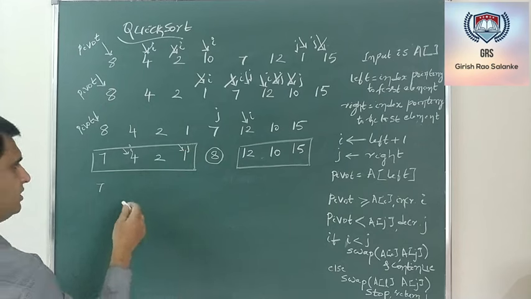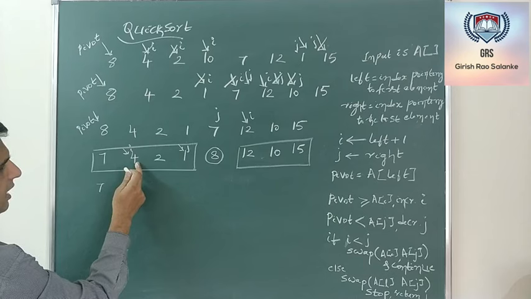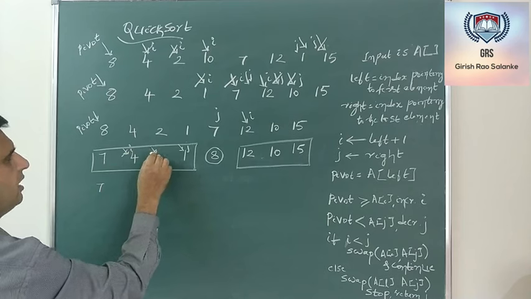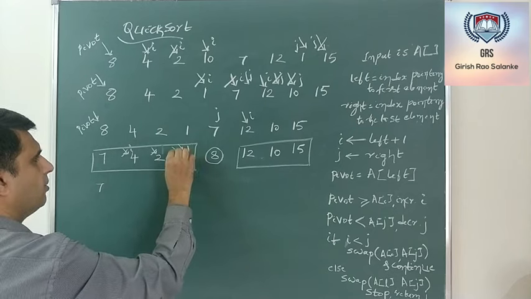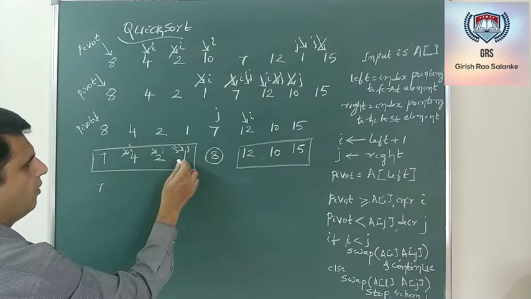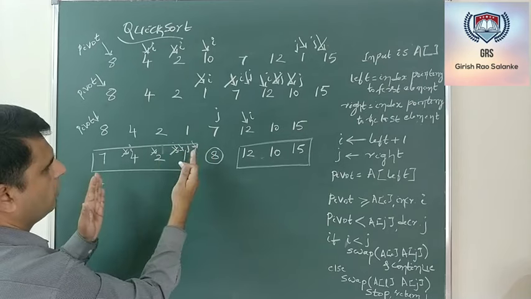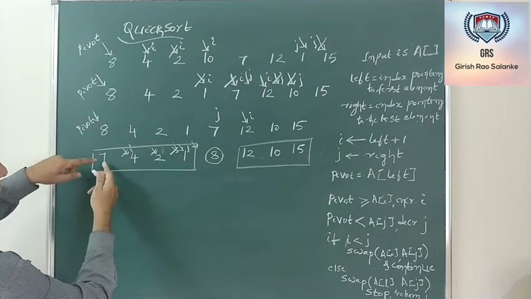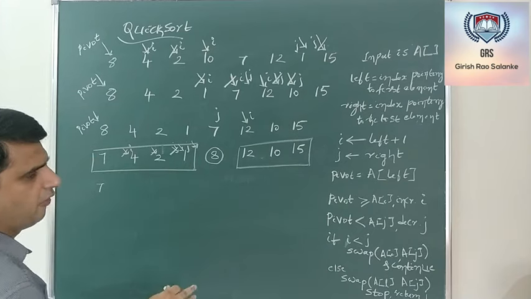Now if you do the partition, compare 7 greater than 4, yes, increment i. 7 greater than 2, yes, increment i. 7 greater than 1, yes, increment i. Now i is out of bound. Now go for this case: 7 less than 1, condition is false.